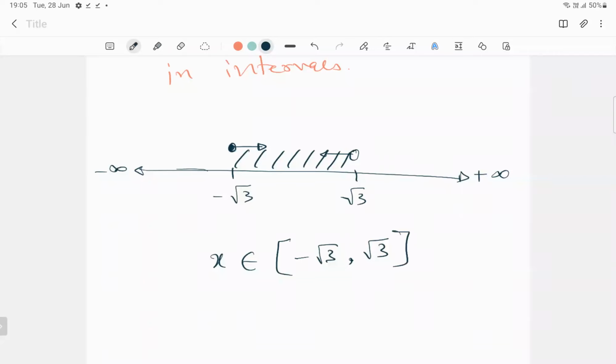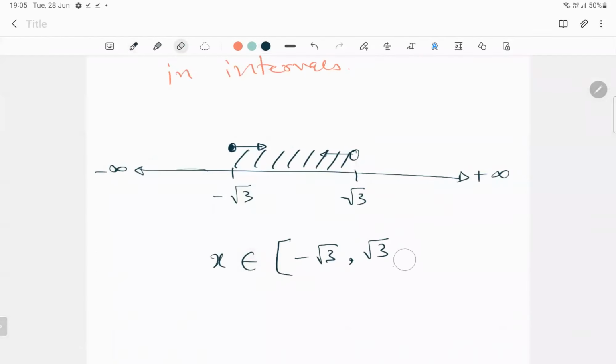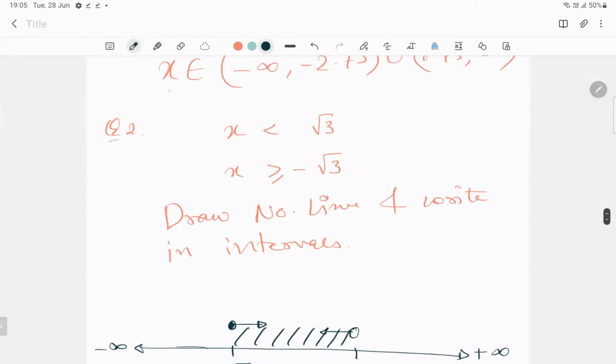Are we including root 3? Yes. One side it will be a square bracket, because we are including minus root 3, right? You see here, the equal to sign is there. Look here, the equal to sign is there.